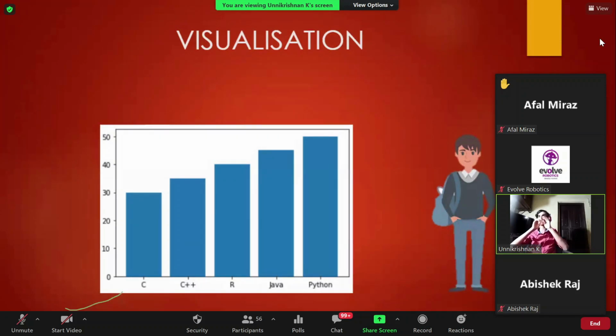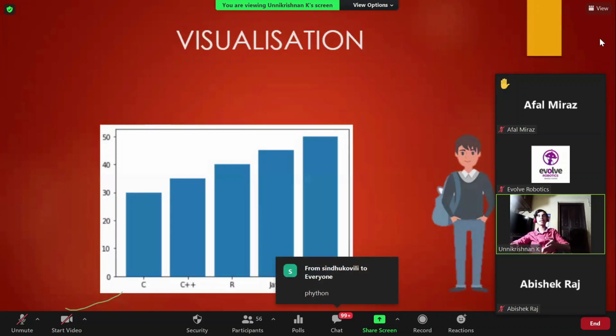This is a simple idea of what the process of data science actually is. So first of all, he had a problem. He didn't know which programming language to learn. But he knew one thing, that the programming language he learned should fetch him the maximum amount of money. So the first thing he did was collect a large amount of data. For that, he referred to his friends, his relatives, the internet, and many other sources.